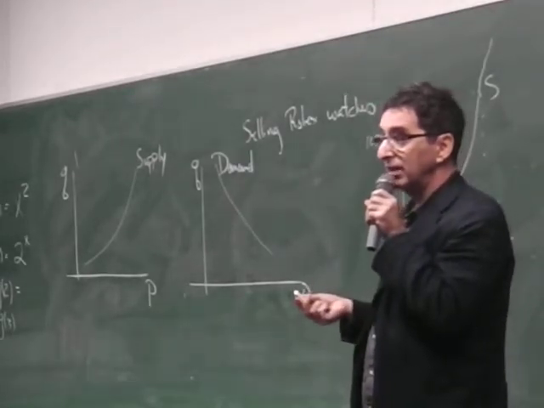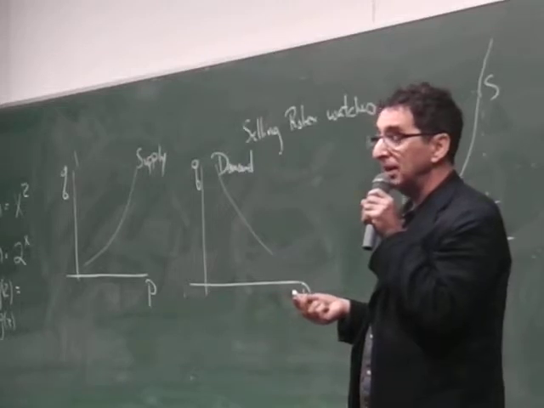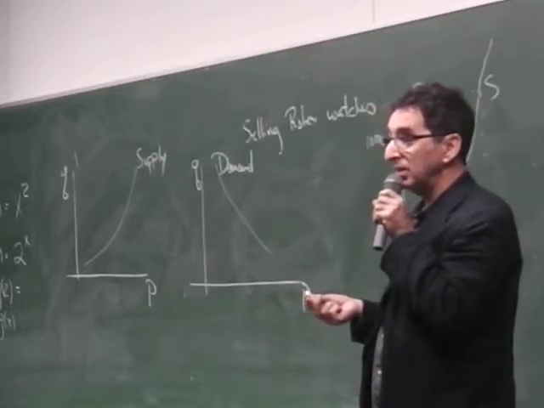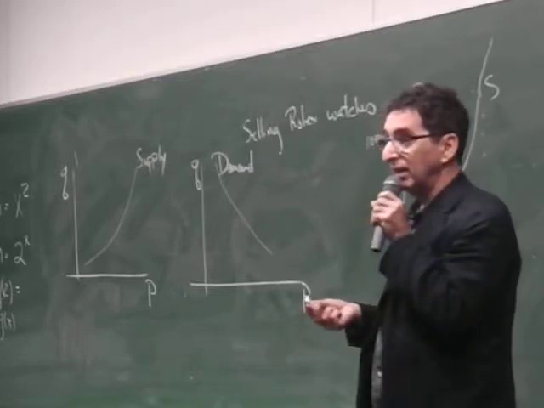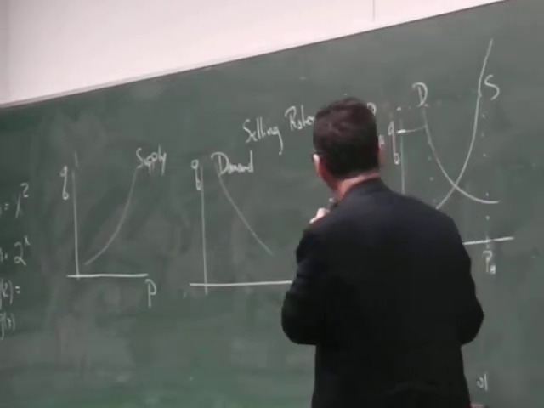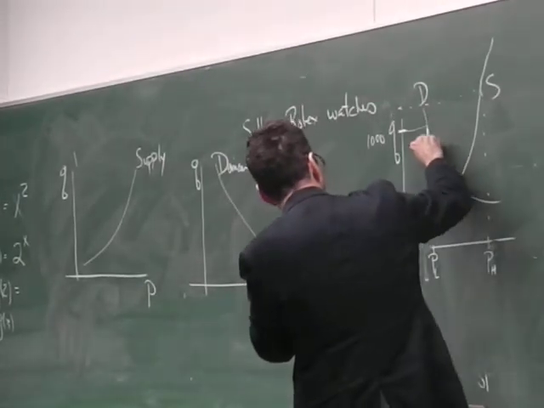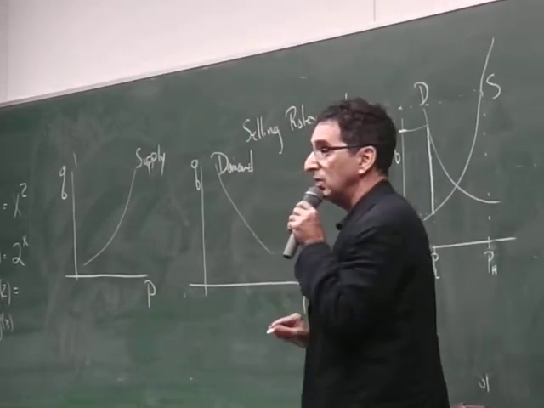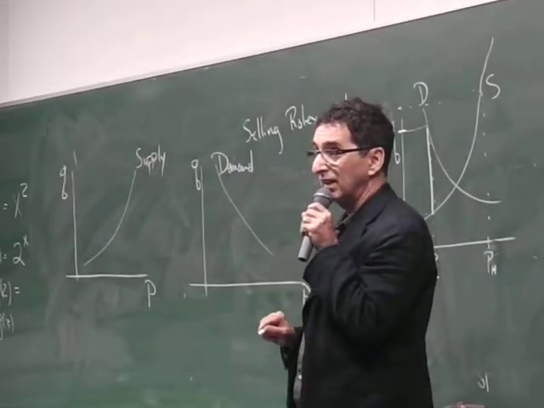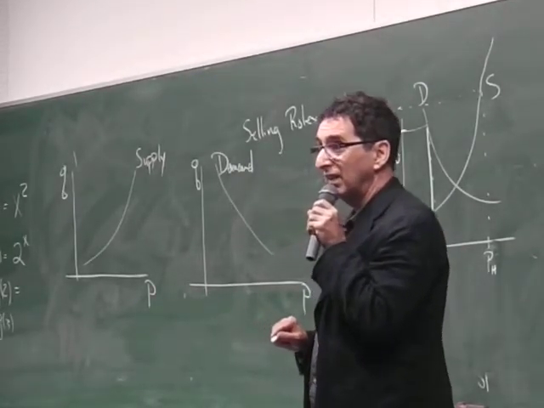There's 900 that can't be bought. People want to buy them, but the seller is only willing to sell 100. So there's a shortage of 900. In other words, the length of that line is the shortage. Everyone agree with that?